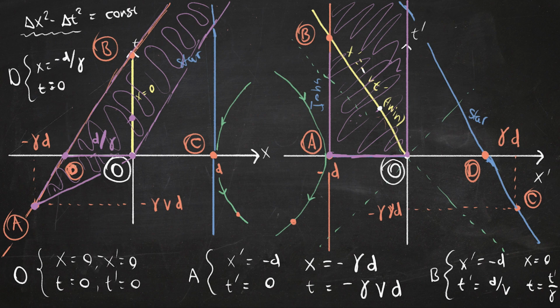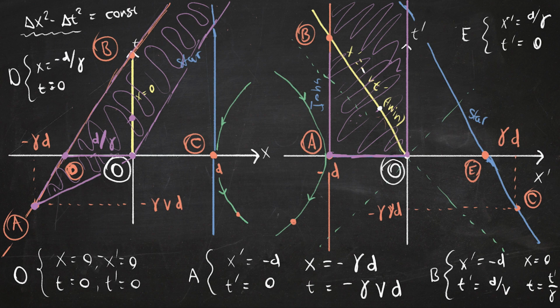I was calling that D. Let's use the event E. All right, so let's call this event E. And E is going to be very similar to D, isn't it? So E is going to be x prime is D divided by gamma, like that. And t prime is going to be 0, right? But it's not the same as the event D. So, all right, that's what's going on.